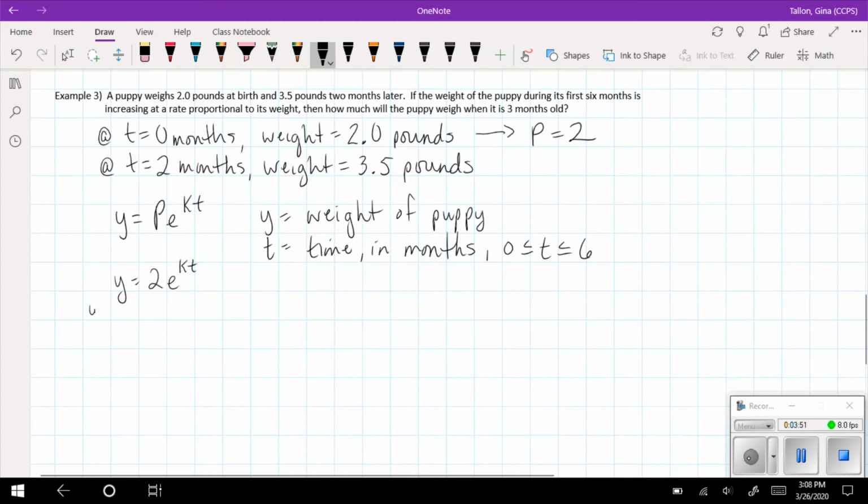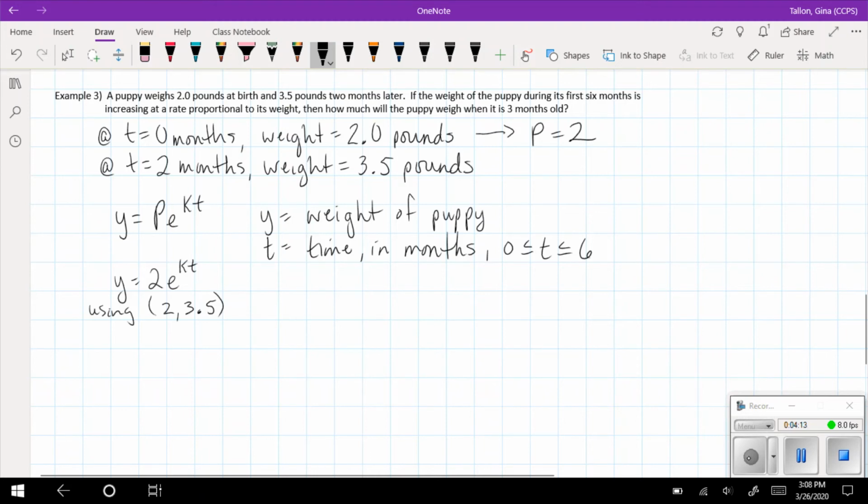I'm going to say using my t value is a 2, and my y value in this case is going to end up being the weight of the puppy, which is 3.5 pounds. So now I'm going to use this ty coordinate point to figure out my k value.